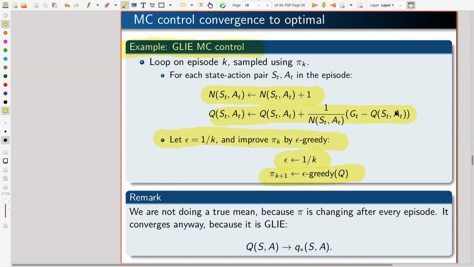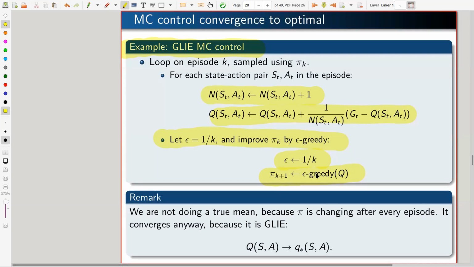But remember, at that time, the policy was just one policy, and I was doing several episodes with the same policy. Now I'm doing just one episode, and then K is increasing. So let's say I'm doing episode number 2. Now K is equal to 3, epsilon is equal to 1/3, and now I change my policy. Now the policy is no more the same as before.